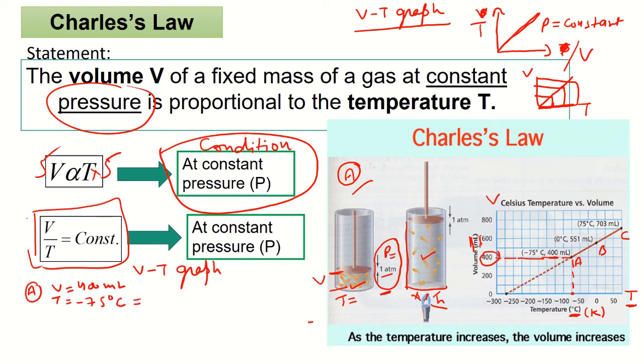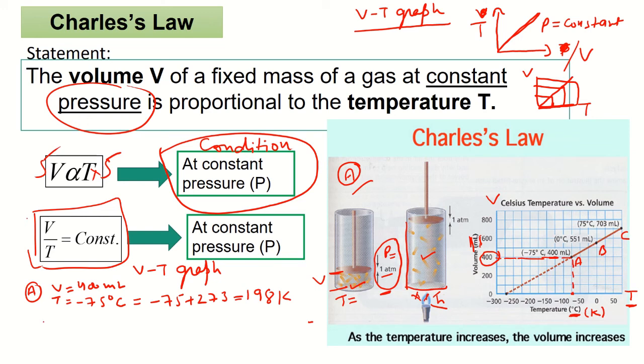We cannot take centigrade, so I have to add 273 to make it Kelvin. Minus 75 plus 273 is 198, so it comes to 198 Kelvin.